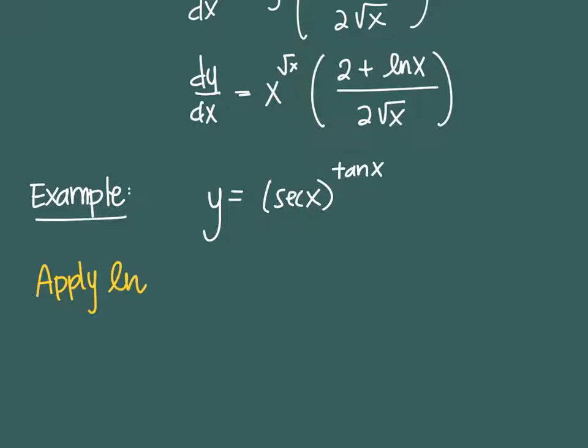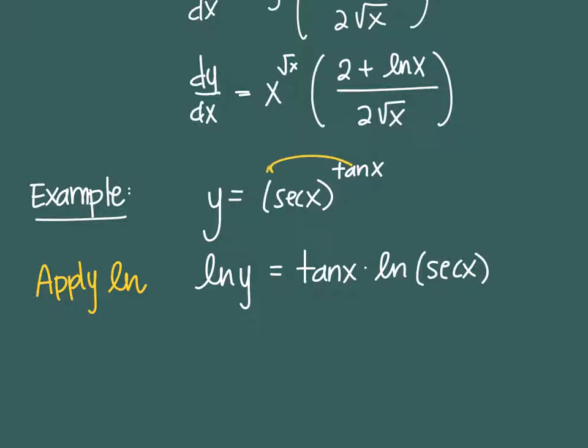So natural log y equals... Are you okay if, instead of writing that, I just move the tangent x to the front and then have the natural log of secant x, to save me a step? Yeah. Okay.